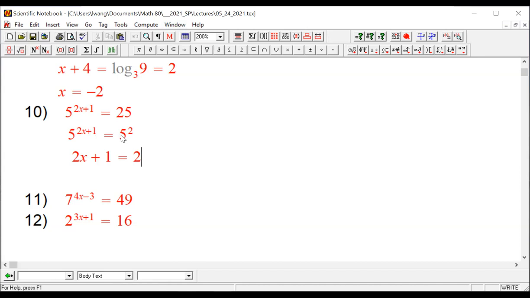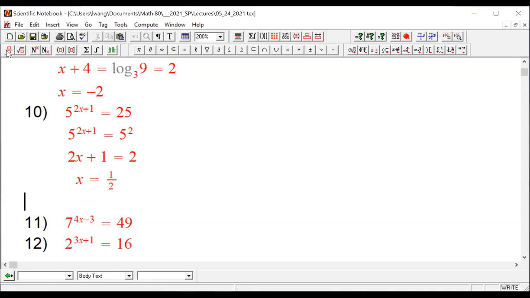The base is the same, so the power must be the same because the outputs are the same. So subtract 1 on both sides. So in the end, you get x equals what? Half. Is that right? Subtract 1 on both sides and divide both sides by 2, yeah?